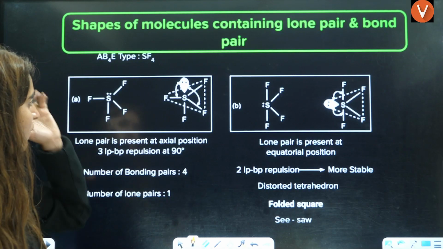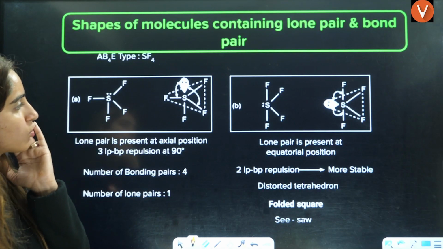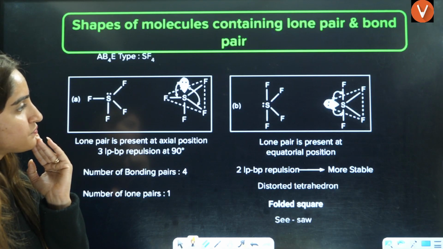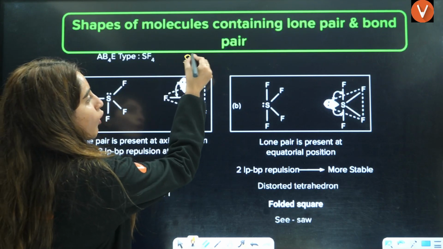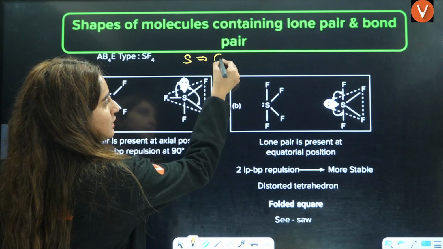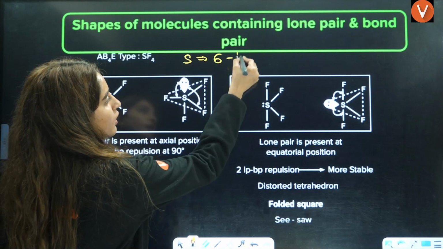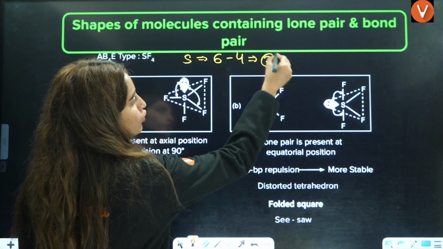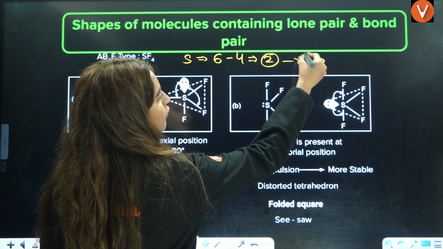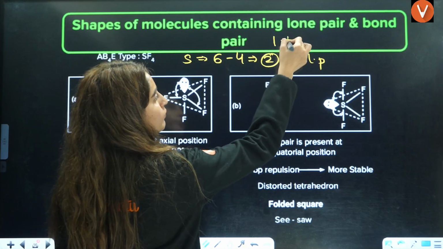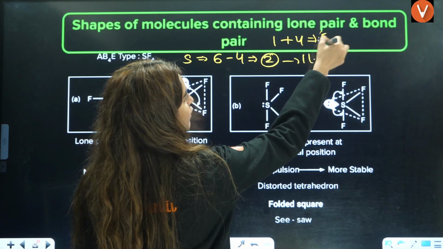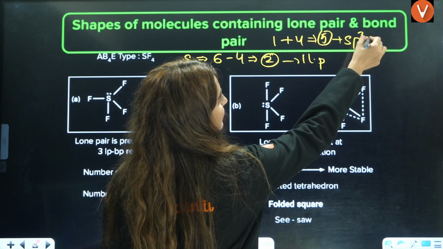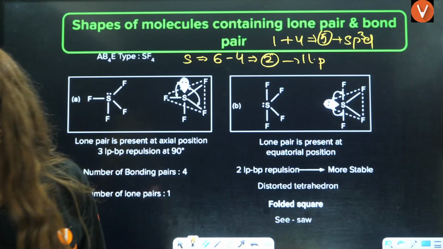Then SF4, have we done or not? I think we have not done. Achha, this we have done, SF4, right? Sulfur belongs to group number 16. It has 4 bond pairs, so it is 2. 2 means 1 lone pair. 1 lone pair plus 4 bond pairs comes to 5. 5 means sp3d, that means trigonal bipyramidal.